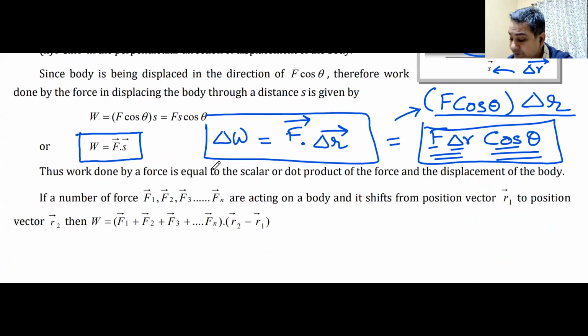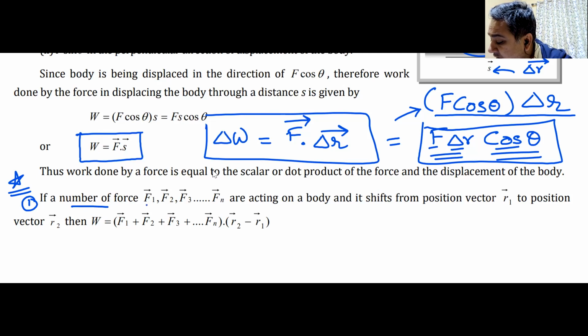The second thing, so you can write important notes, star important notes, and this is the first point of that star note. If instead of one force you have two or three or four forces, what is the work done by all these forces?